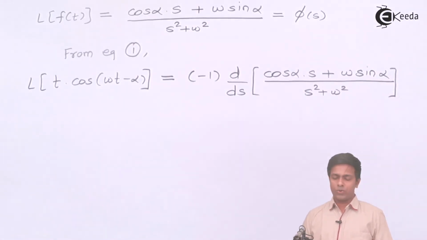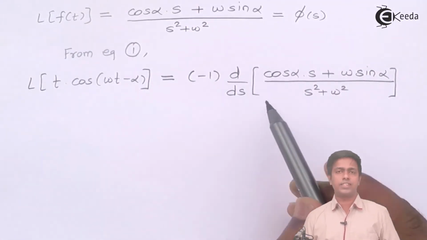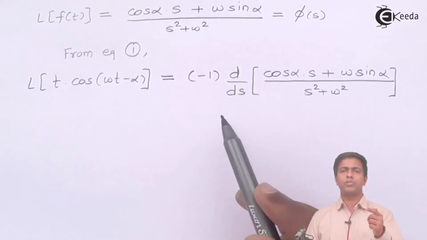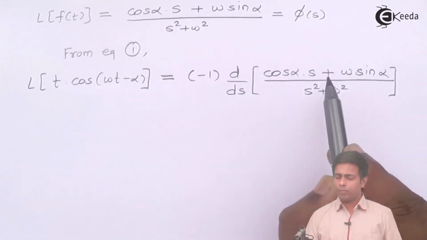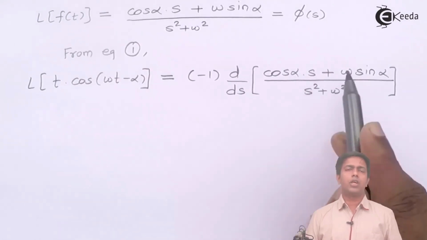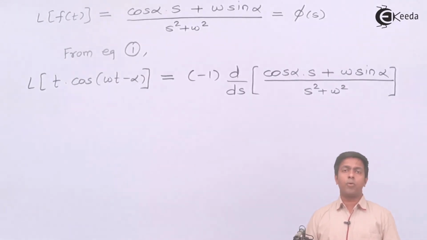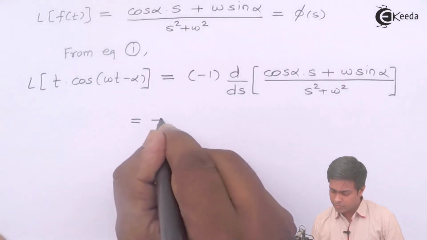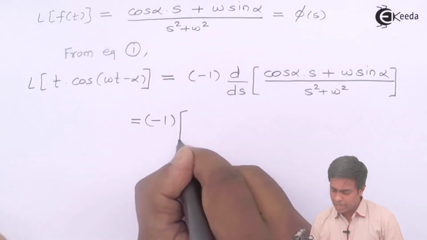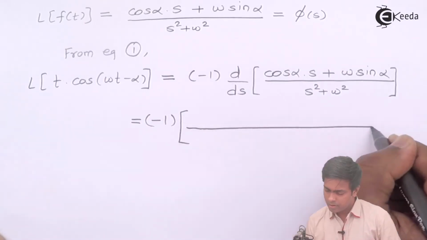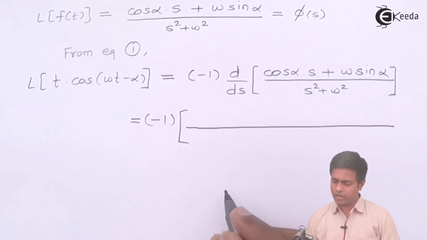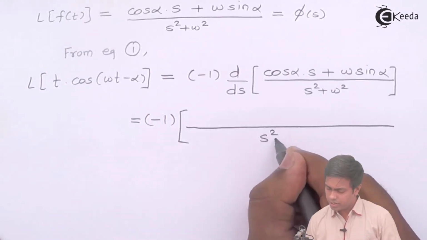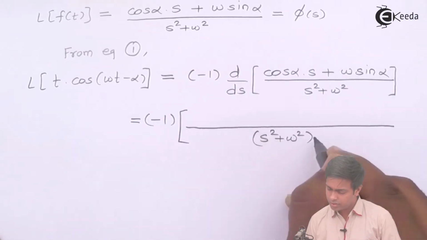Now guys, to get the derivative of this term with respect to s, if you observe, the numerator and denominator both have s term. So here I am going to use the u upon v rule of derivative. By that rule, we will get minus 1 as it is in the bracket. In the denominator we get v square, so this is s square plus omega square the whole square.